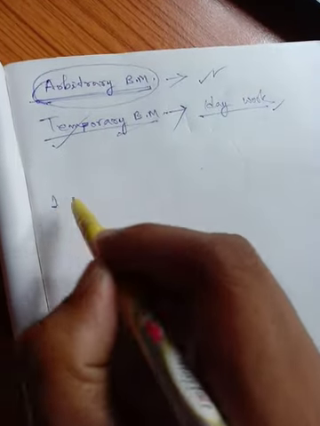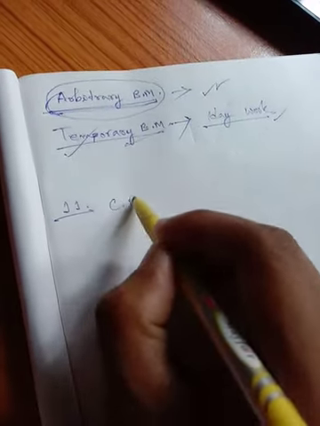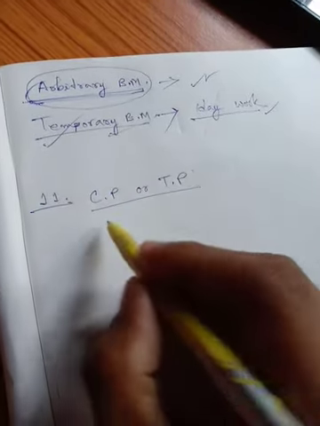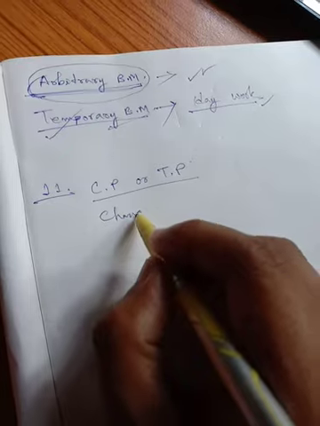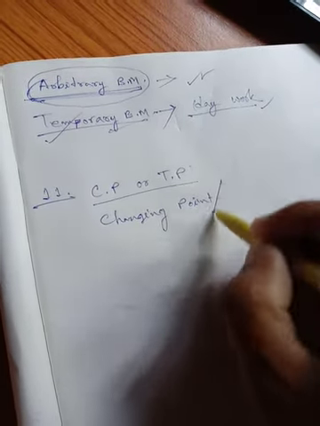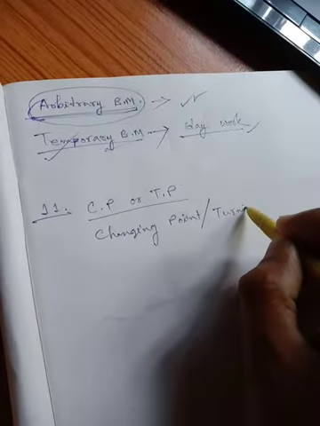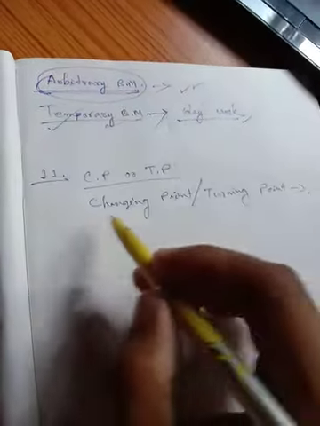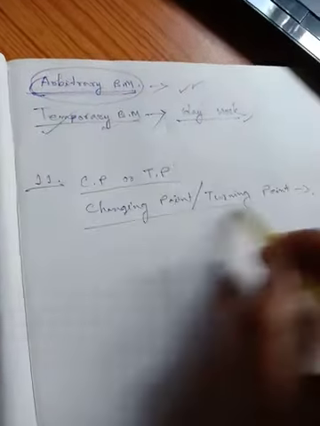Next is CP or TP, that means changing point or turning point. What is it?